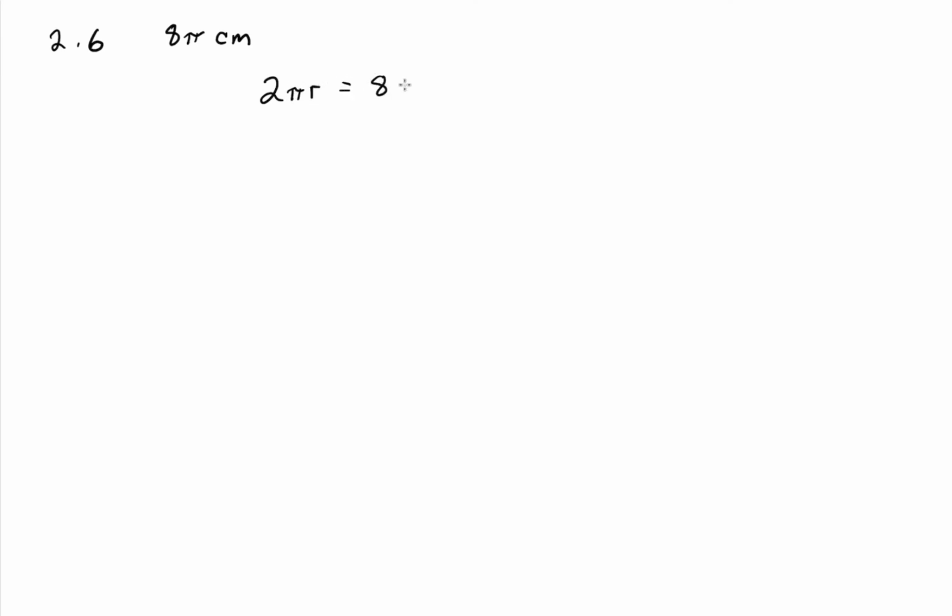And if our circumference is 8 pi, well, we can go ahead and divide both sides by pi and get rid of that, right? Cancel that out. So 2r is 8. So we can divide both sides by 2. So our radius is 4.